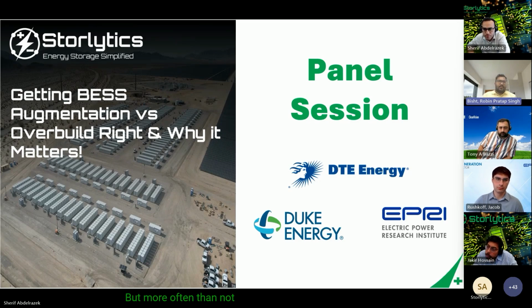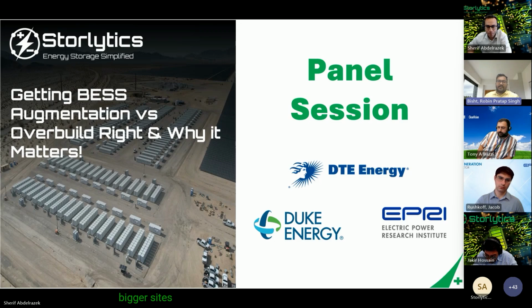But more often than not, what we are seeing is that for smaller sites, it's just easy to overbuild because you can justify the funding. It's easier to get that initial capital as well. So why not just overbuild and have the full capacity at year zero rather than augmenting it?